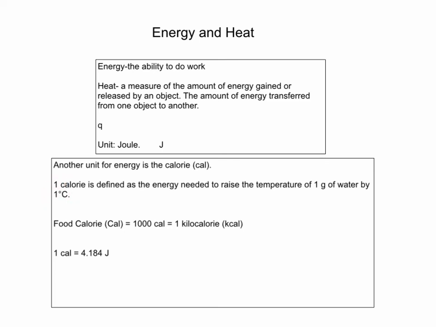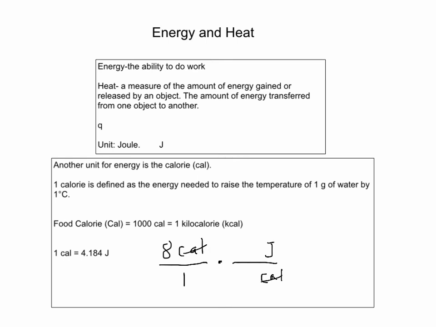Now, how do I convert from one energy unit to another? Well, it's a conversion, so I'm going to use stoichiometry. For example, what if I had 8 calories and I need to convert this to joules? Well, it's my given. I put it over 1 times a new fraction. Calories go on the bottom, and I want joules on top.